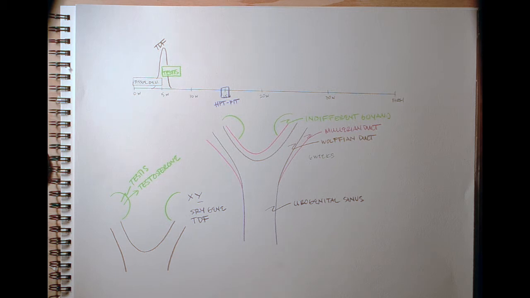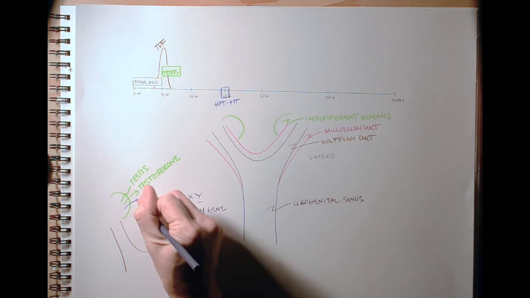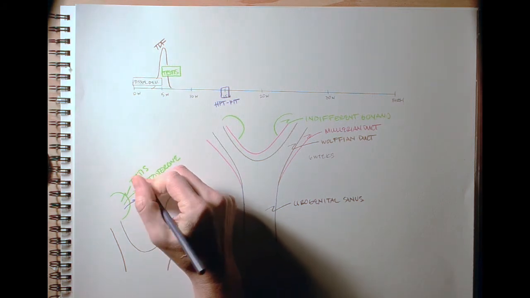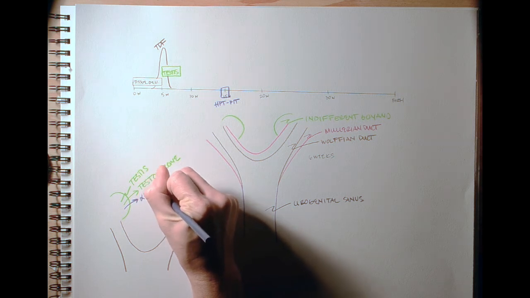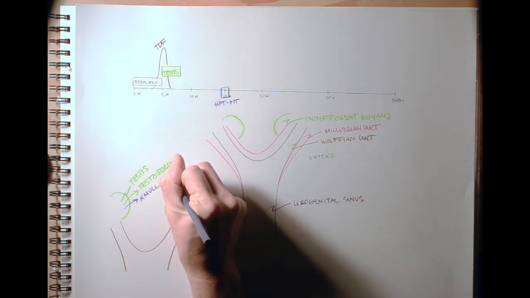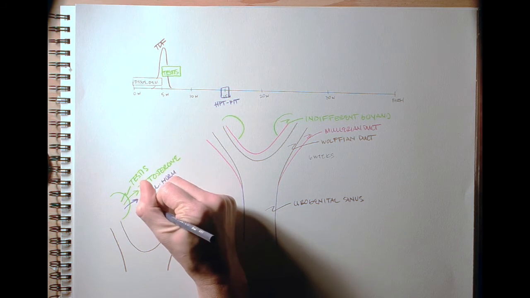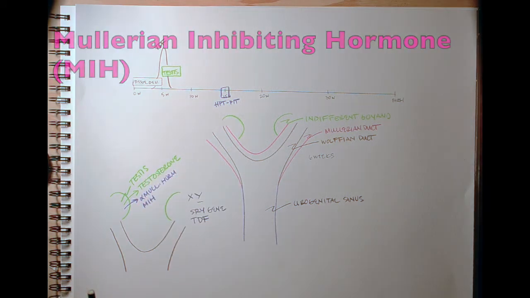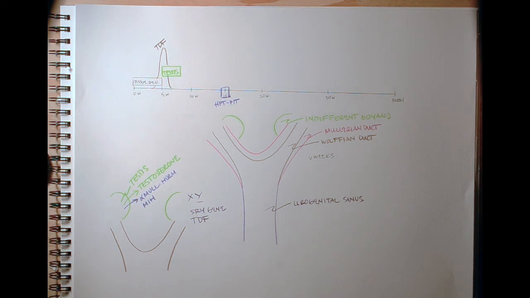So again, the testes will have Leydig cells. They will produce testosterone. They'll also have Sertoli cells, which will produce a factor called anti-Mullerian hormone, also called Mullerian inhibiting hormone. Again, coming from the Sertoli cells.